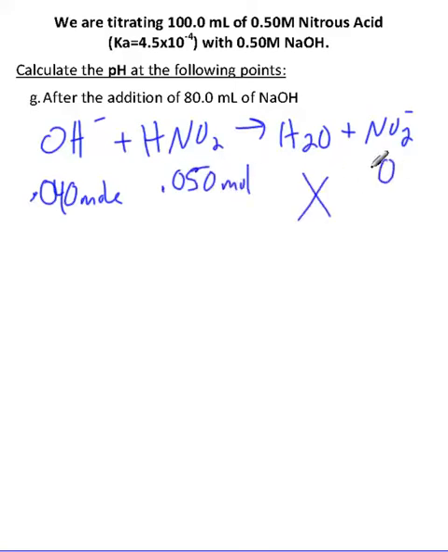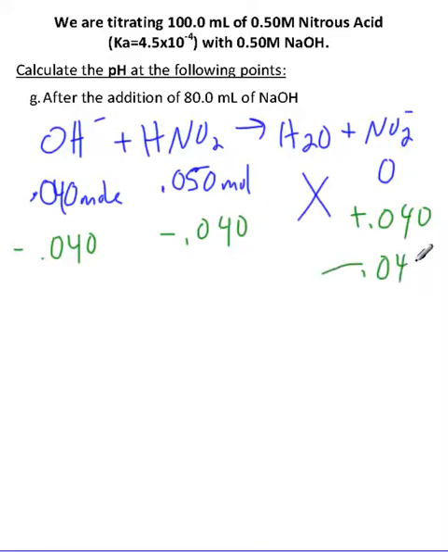Water's not going to matter, and we're not going to have any NO2. But all these are still going to react. It's getting close to where we're running out of OH, but they're all going to go away. 0.040 moles are going to react, which means 0.040 moles of HNO2 are going to react, which means 0.040 moles of NO2 minus are going to be created. So I end up with 0.040.